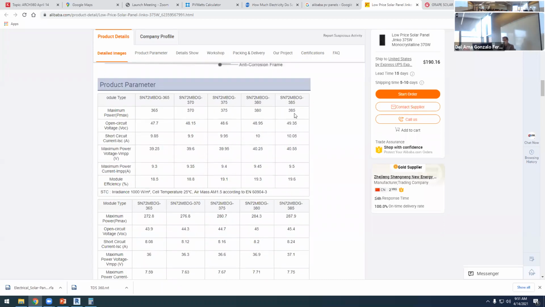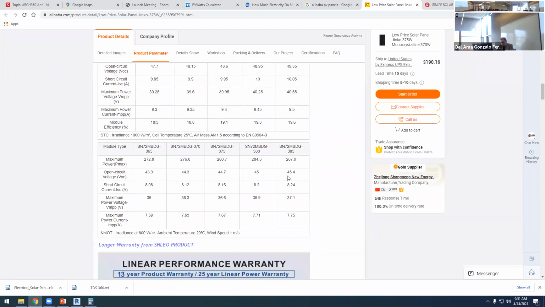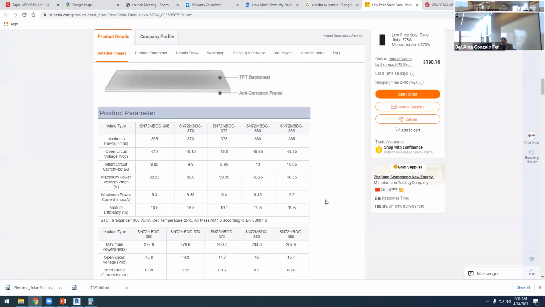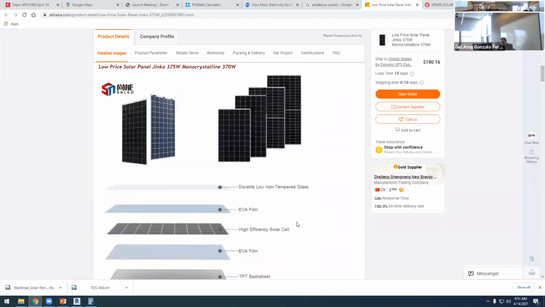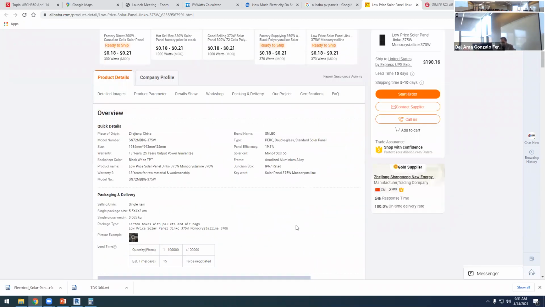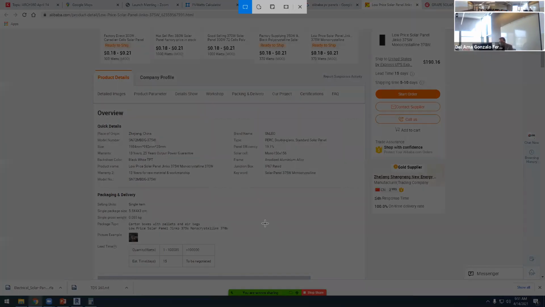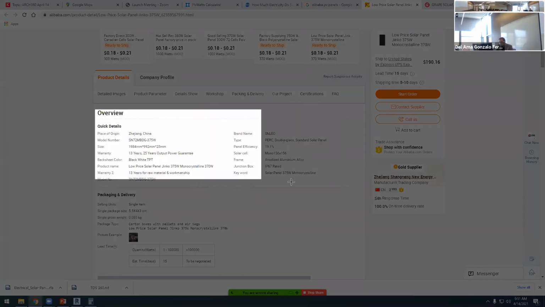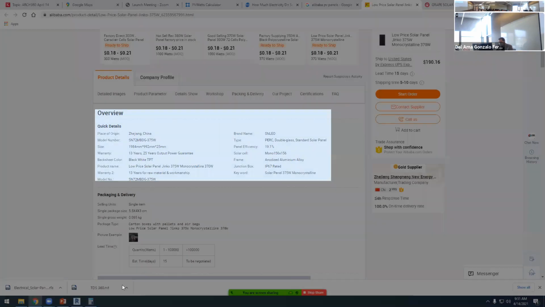So go for this one if you have to decide in terms of efficiency. Yeah, but close to 20 is always better. And if we are creating a report, I think I would use these overview details.